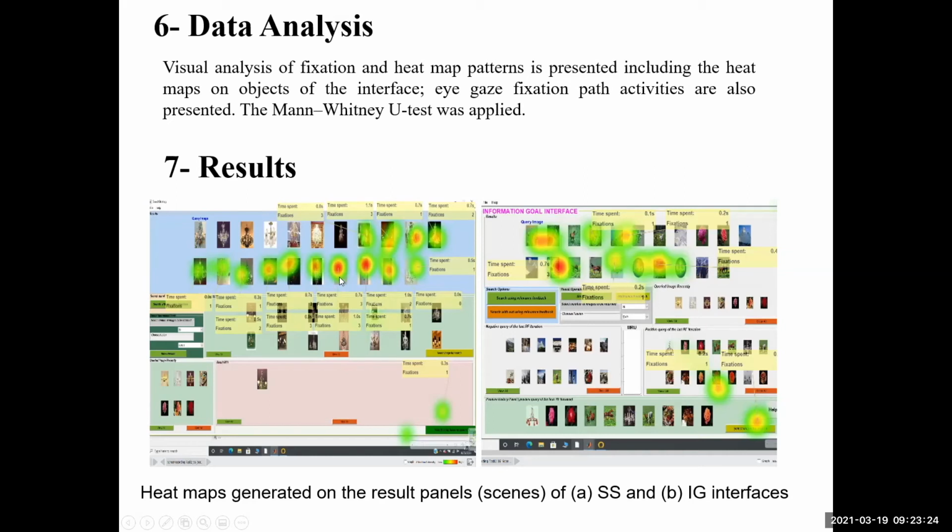We can see the participants selected images that have a similar background but may have different shapes or textures. The figure indicates the most heat map elements, and more attention can be observed on this search strategy interface, which means more images were selected, unlike the attention rate on the IG interface.